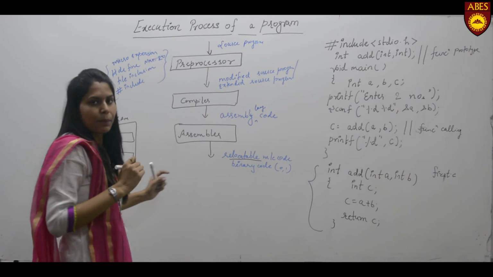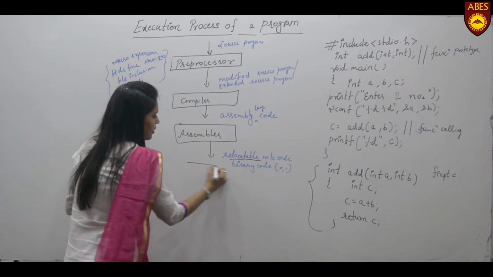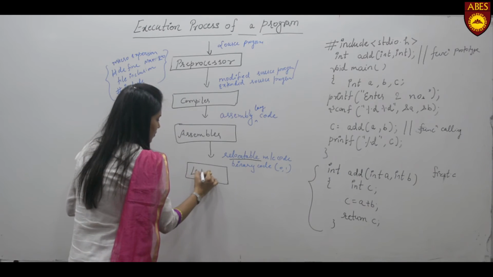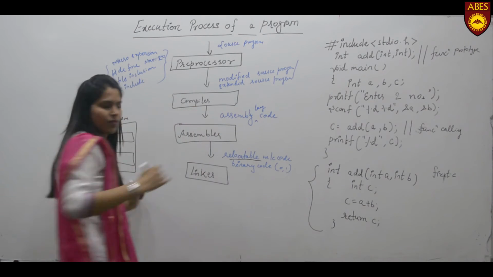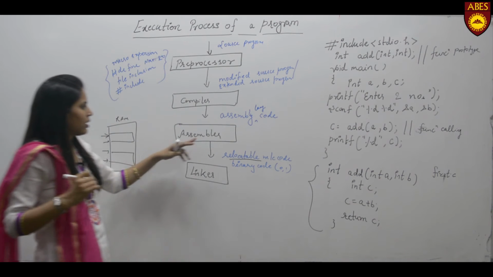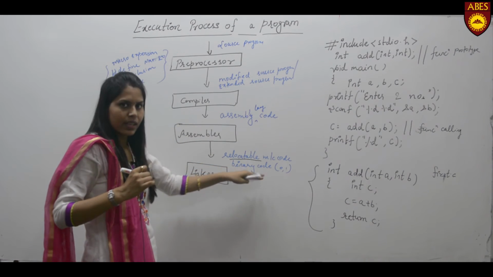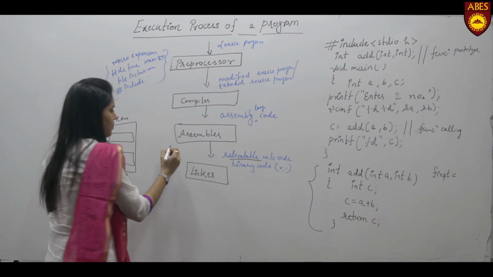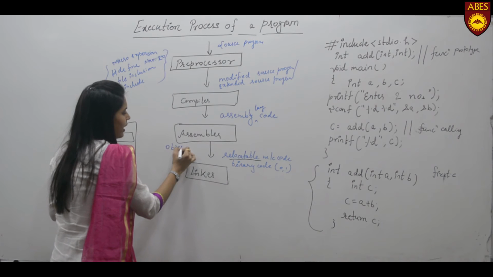The next phase of the compilation is the linker. One more thing: the assembler generates binary code, or we can say it generates an object file. Hopefully you have heard of it.